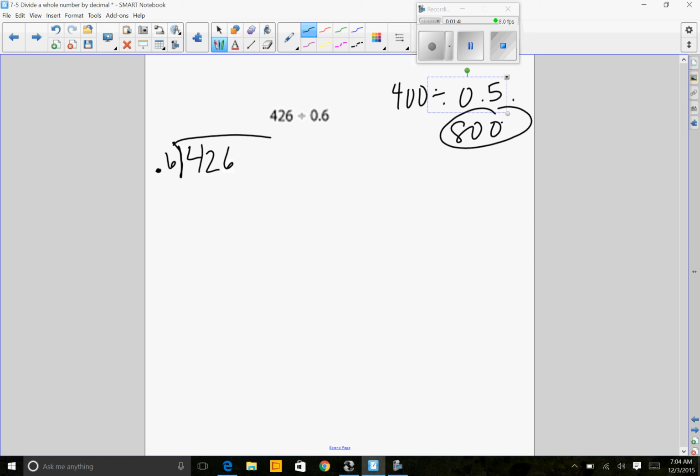Remember, when you have a problem like this, you can always multiply both numbers by the same thing, and you will still get an accurate quotient. So we can multiply both the divisor and the dividend by the same number and make it into something we can actually do.